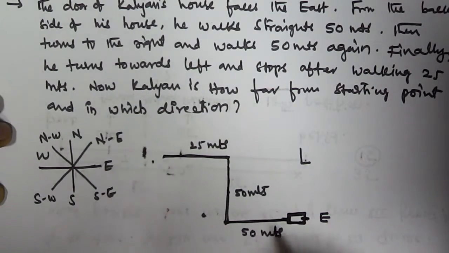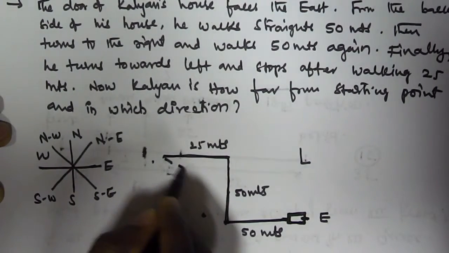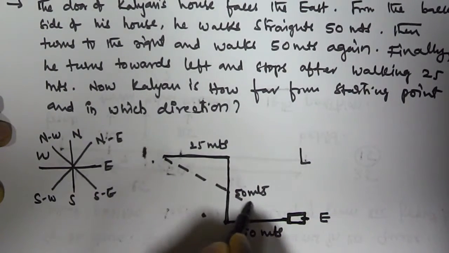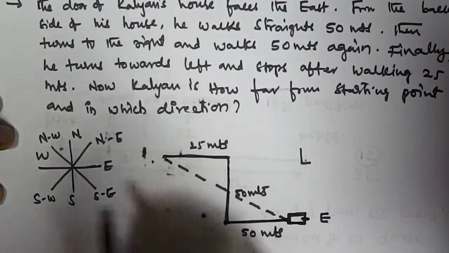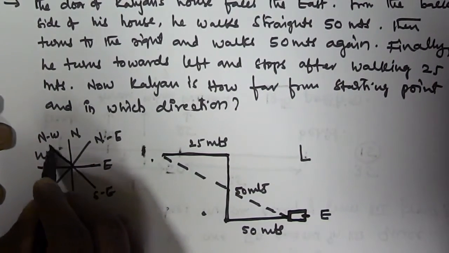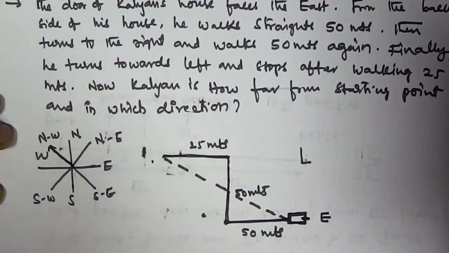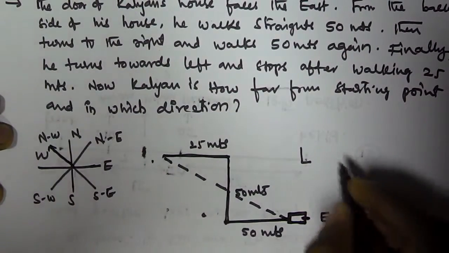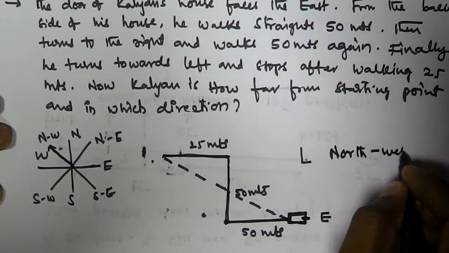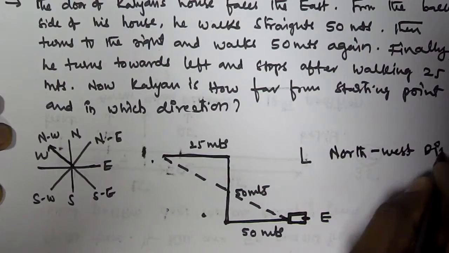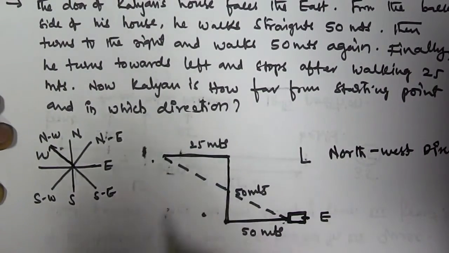If you see from the starting point, he is in this direction, which is the northwest direction. So Kalyan is in the northwest direction now.